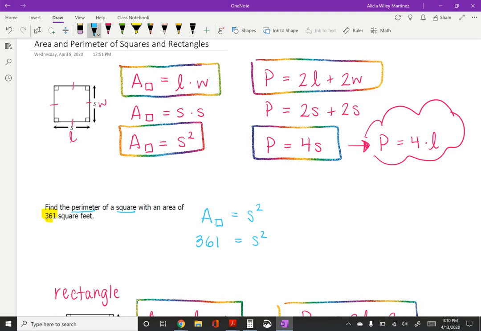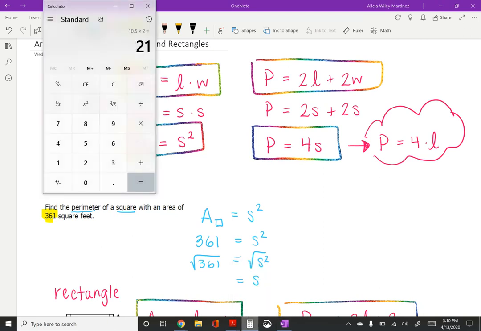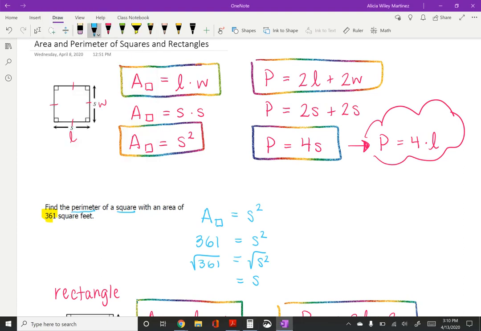Well, the way that we undo a squared is we square root it. So I'm going to square root each one of these, and what that's going to give me is the length of S. So again, on your calculator, you do 361, square root that, and you get 19. Oh, it's actually a perfect square.